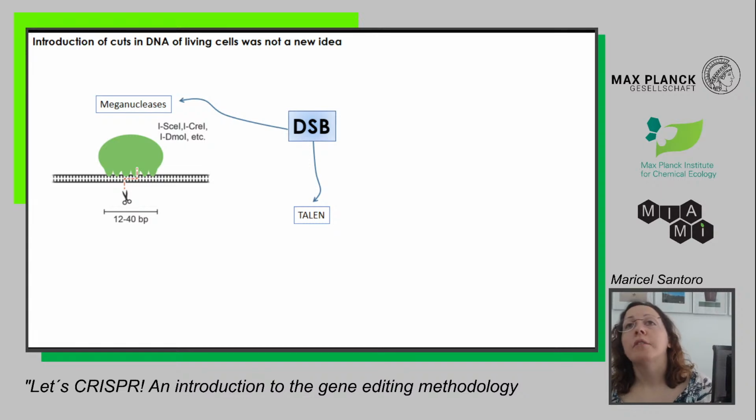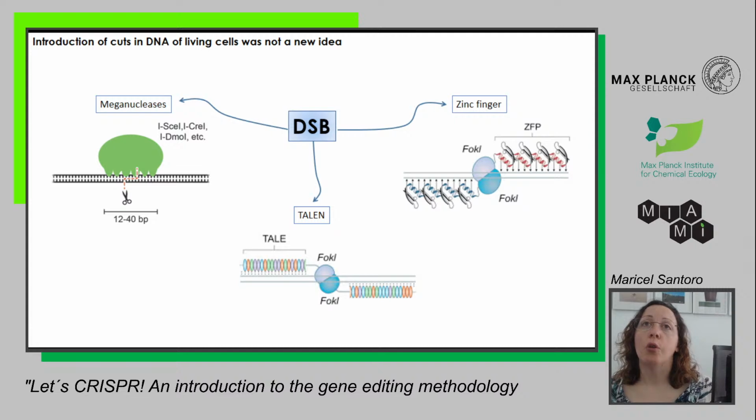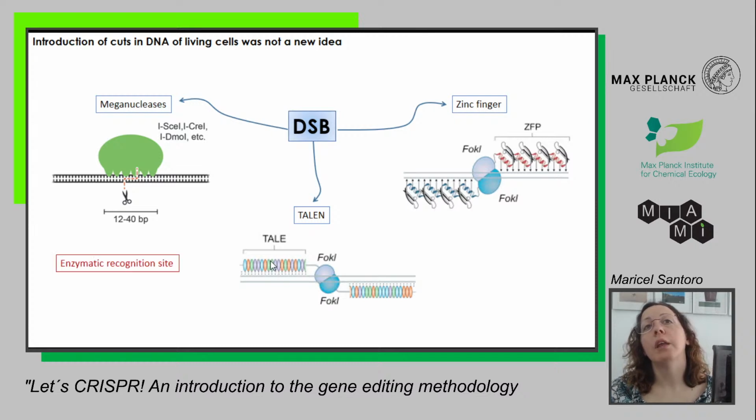Afterwards came the TALEN and the zinc finger methodology. They generate a target with a protein part, which is the TALEN or the zinc finger. But this interaction is a protein-DNA interaction. It's very hard to predict, and it's very hard to build.